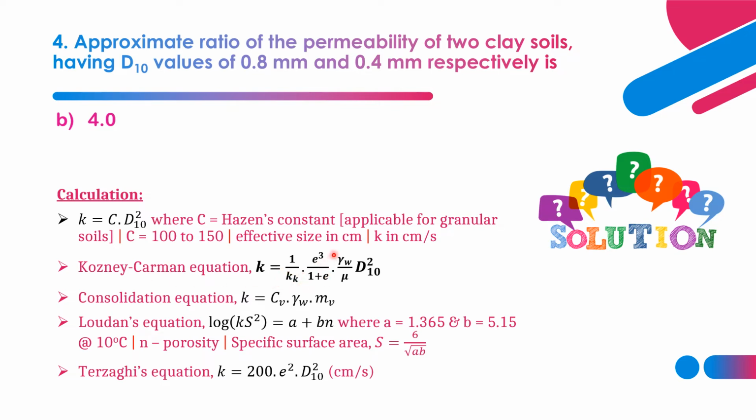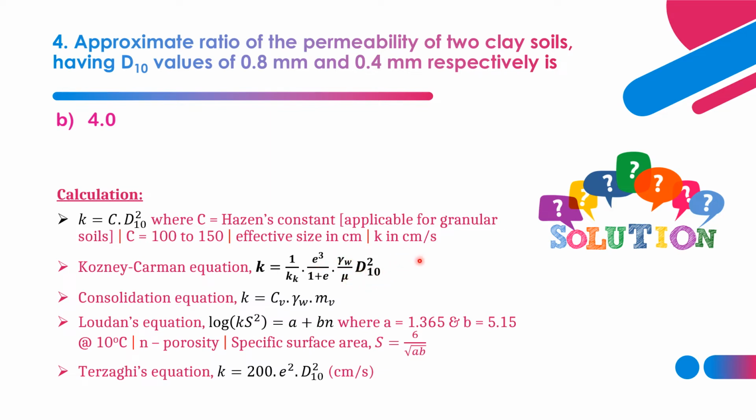And small e, we know, is the void ratio, and gamma w by nu is a fluid property. Gamma w is the unit weight of water, divided by nu, the dynamic viscosity of the water. If any fluid other than water is flowing, then we have to consider the properties of that fluid.